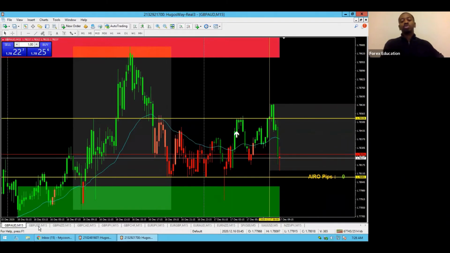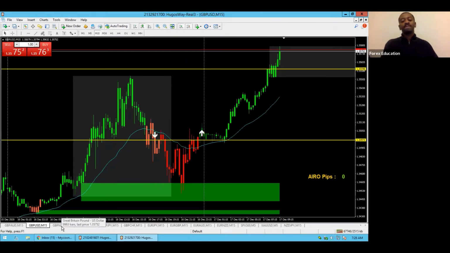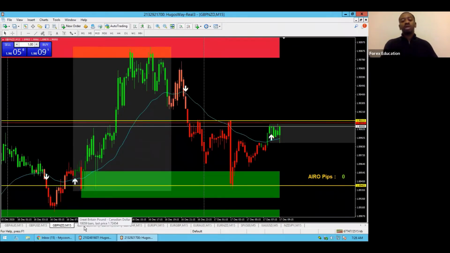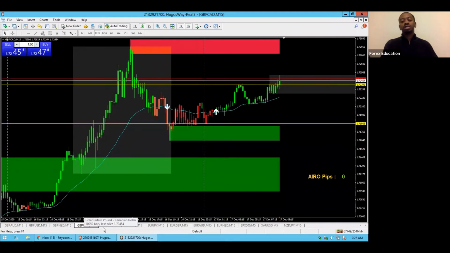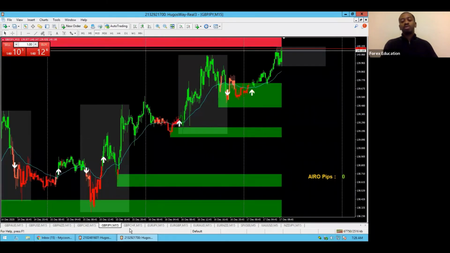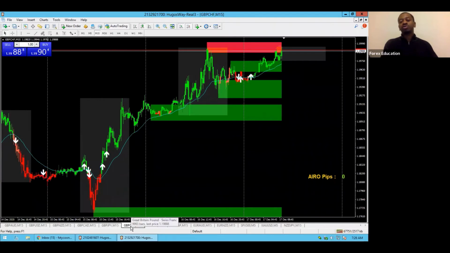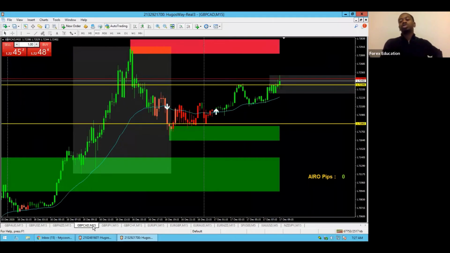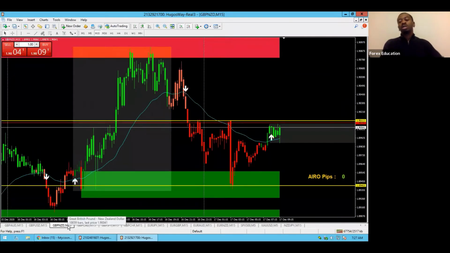So as we see pairs starting to move up, GU is moving up, GN is starting to move back up, GCAD is starting to move up. I'm not worried about GJ, G Swiss franc, G chef, because they're at zones. But you start to see some strength in the zone the closer we get to London, as the market makers look to fake you out.